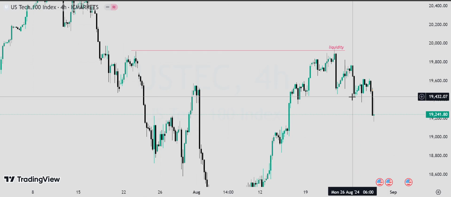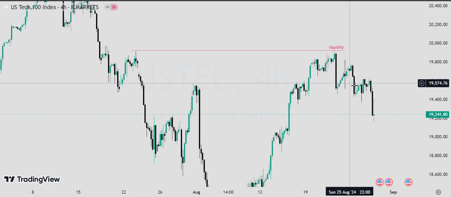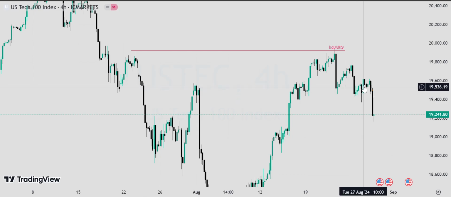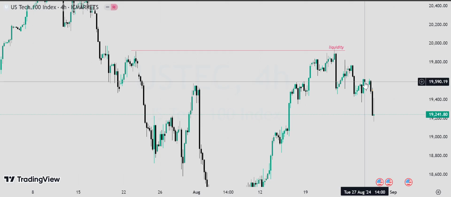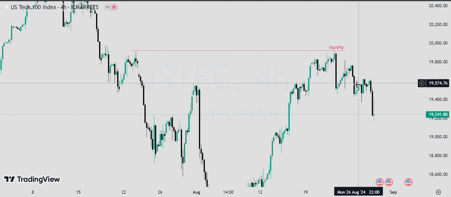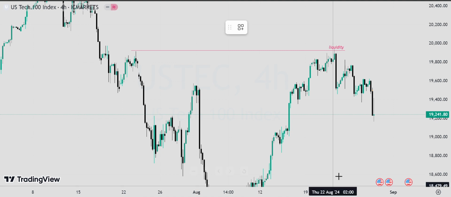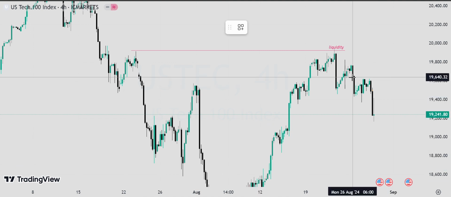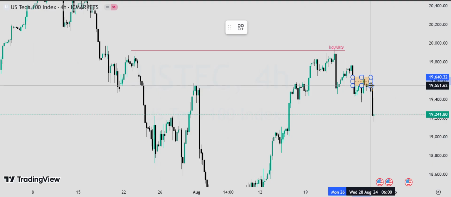Then it formed a fair value gap, and that fair value gap was retested. This is where we took today's trade. This big fair value gap was retested.